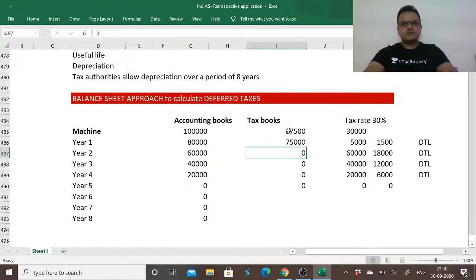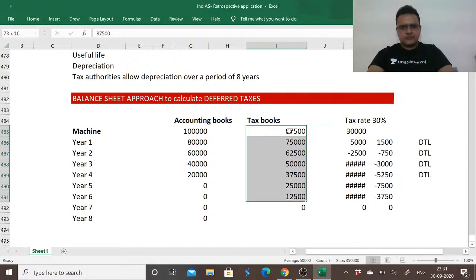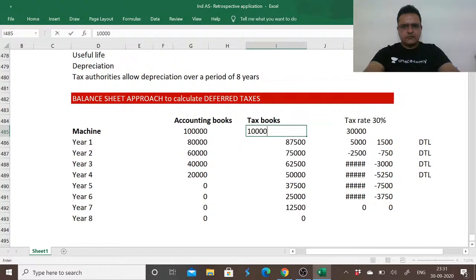Then it is $62,500, $50,000, $37,500, $25,000, 12,500. Day 1 it was 100,000, same.